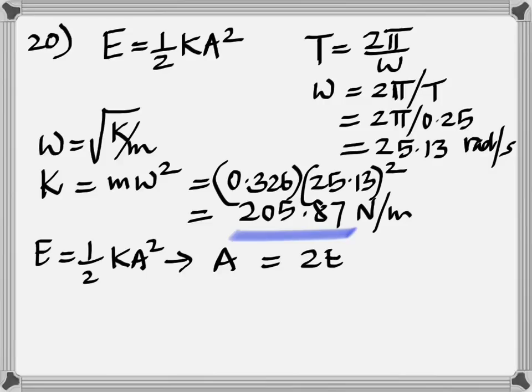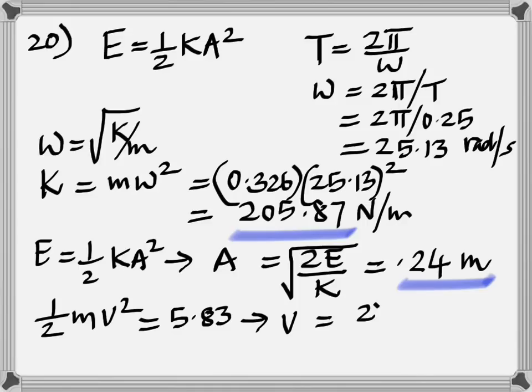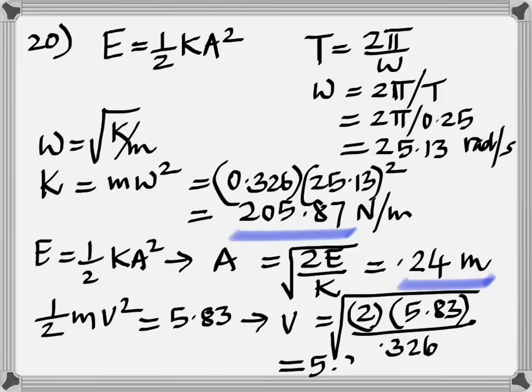Make A the subject, because we're asked to find the amplitude. And we can find the maximum speed by setting the kinetic energy equal to the total energy.